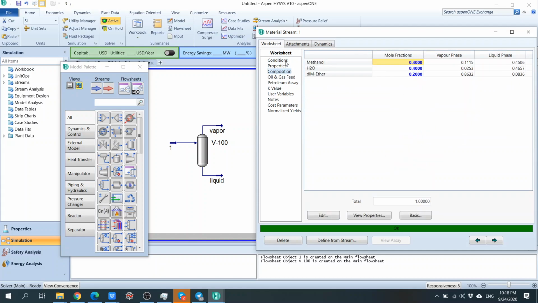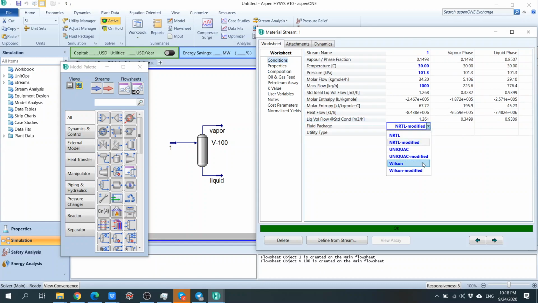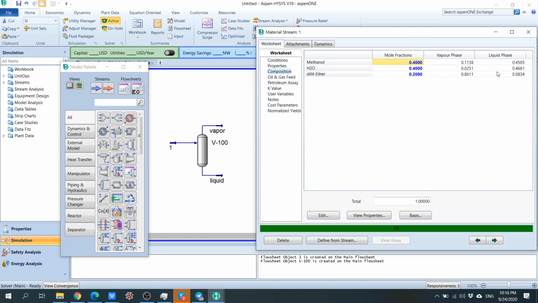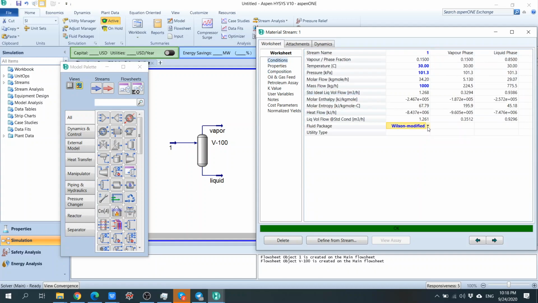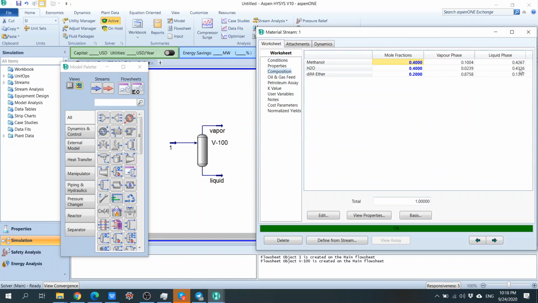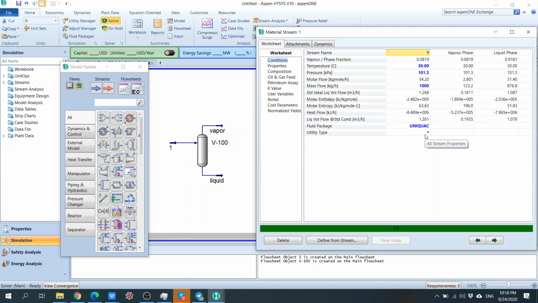This one is also more or less the same. So basically the compositions are more or less the same, it's just that the amount is different. This is slightly different. So you can see which one fits your data best, and then you can be sure, okay, this is the correct thermodynamic model I can use to model my plant further in this particular case.